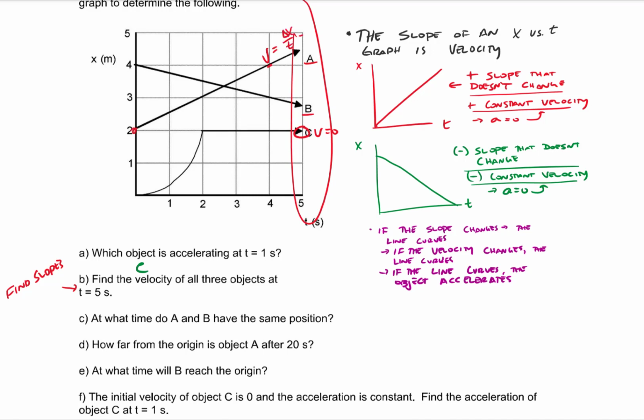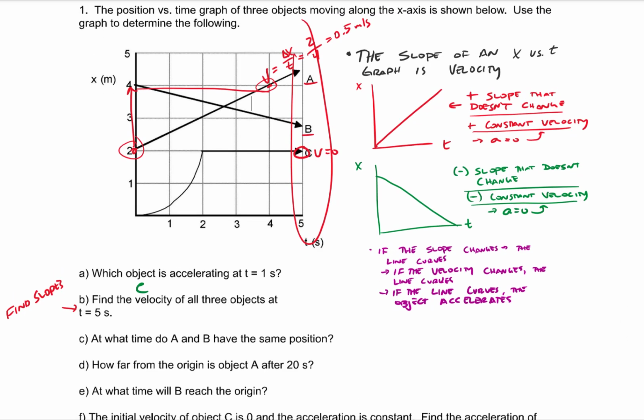For object A, the velocity is the slope, the change in position over time. Looking at these two points, the change in position is 2 meters divided by the time of 4 seconds. So that speed is half of a meter per second.